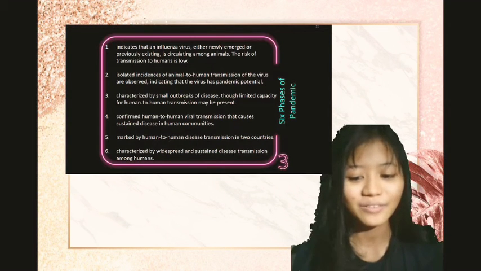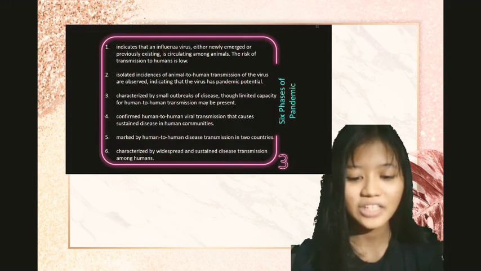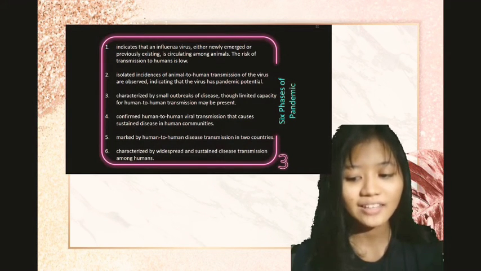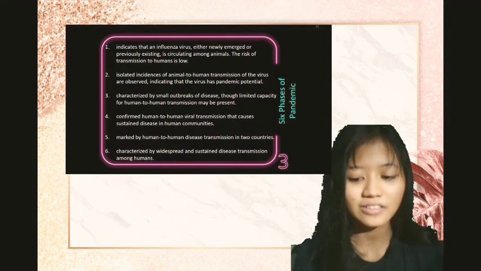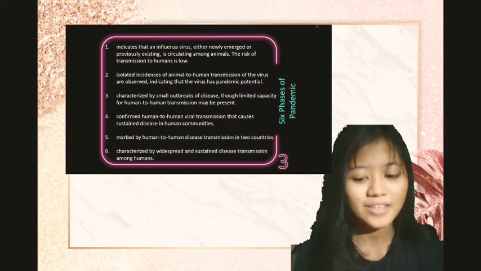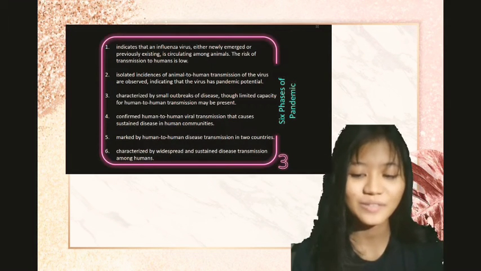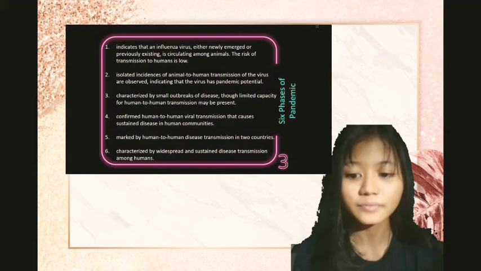Phase 5. Marked by human to human disease transmission in 2 countries, indicating that the pandemic is imminent and execution of strategies to control the disease must be carried out with a sense of urgency. Phase 6. Characterized by widespread and sustained disease transmission among humans.